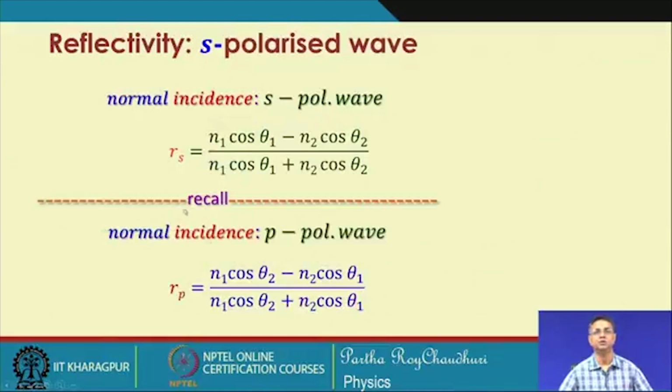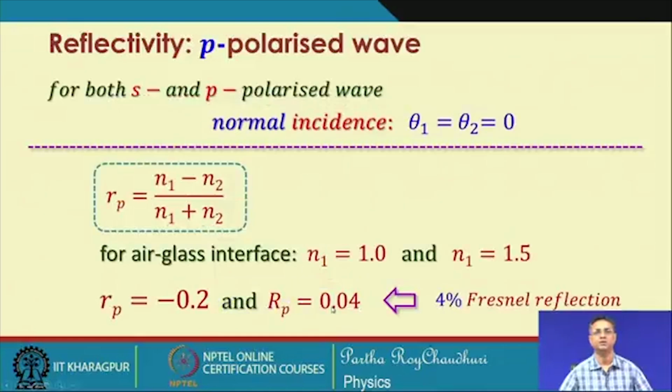The same thing will come out if I substitute in this equation, that is, cosine theta 1 and cosine theta 2 are put equal to 1, then R p will again be n 1 minus n 2 by n 1 plus n 2. So, R p and R s are both given by this n 1 minus n 2 by n 1 plus n 2.